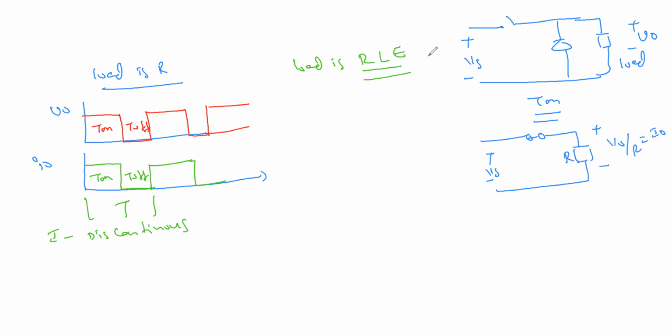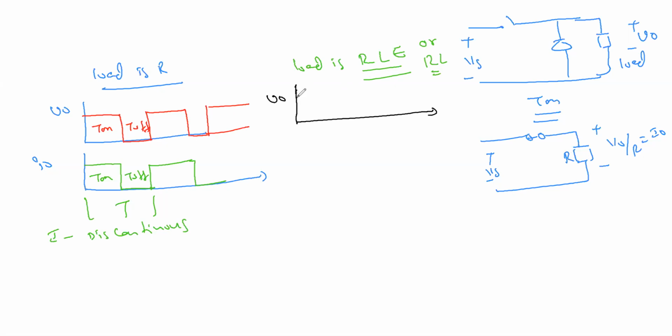It can be RL, it can be RLE. RL is an inductive load, a highly inductive load. V naught is the same, so in the RLE load also there is no problem in the voltage. I hope you understand this point.